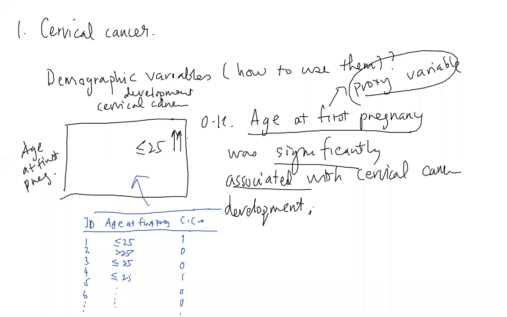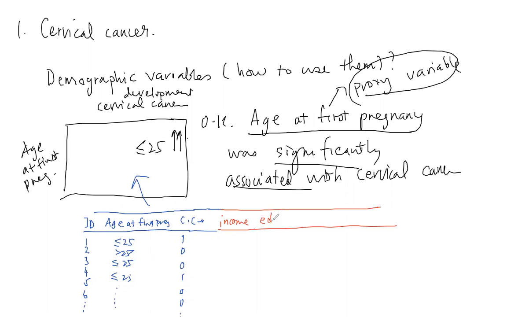Now this obviously is not the final answer, because you are trying to find some causative factor, something that is likely to be the real cause of cervical cancer. So you will collect additional variables, such as income, which you can find when you interview the person.